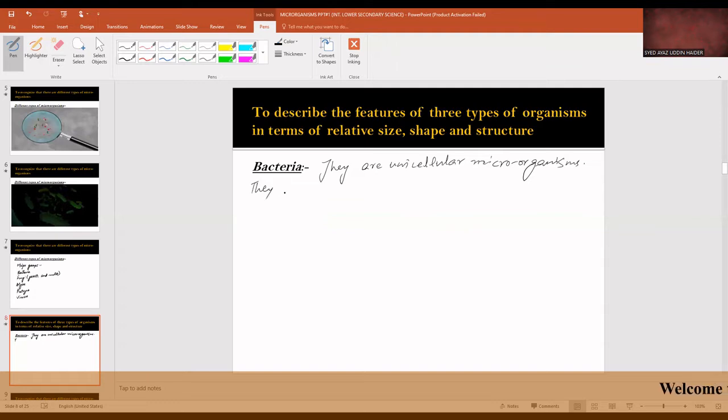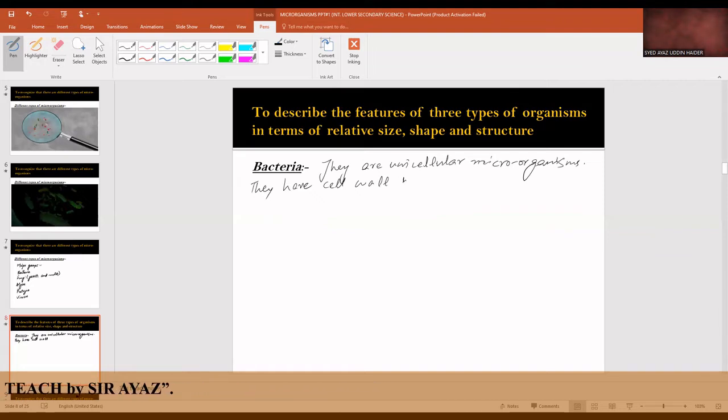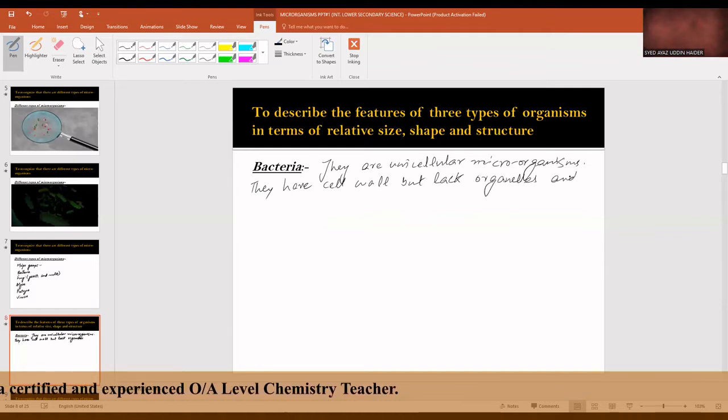They have cell wall but lack organelles and true nucleus.